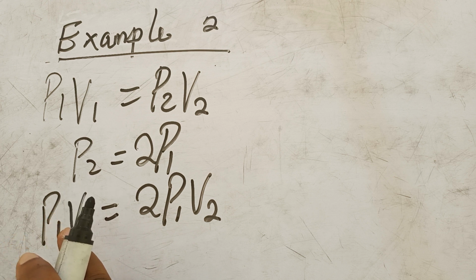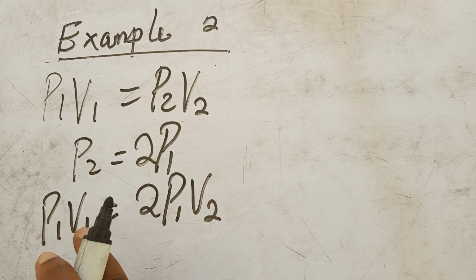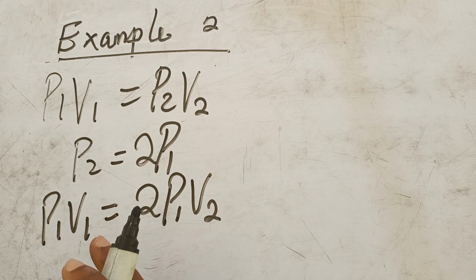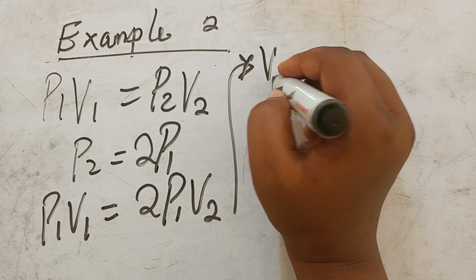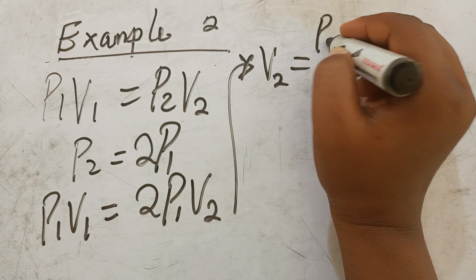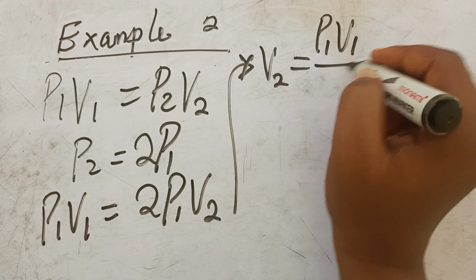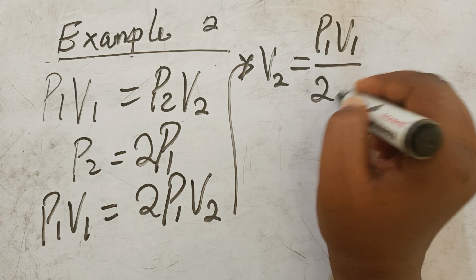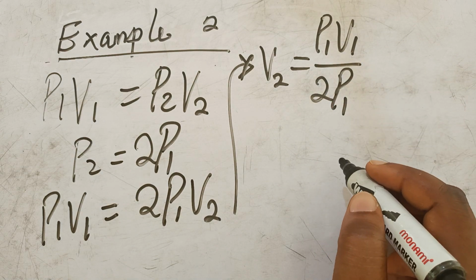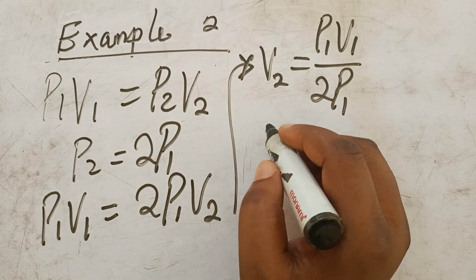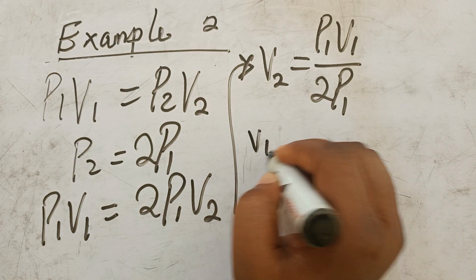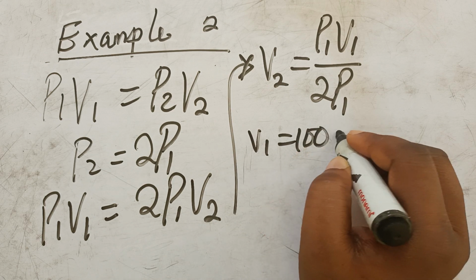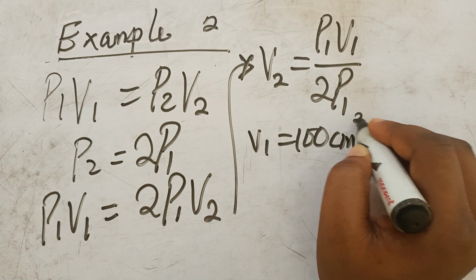By making the new volume V2 the subject, you end up having V2 equal to P1 V1 all divided by 2P1. Now we know that our V1 is equal to 100 cm cube.